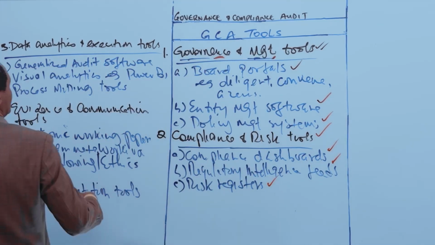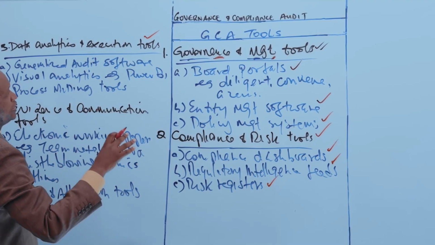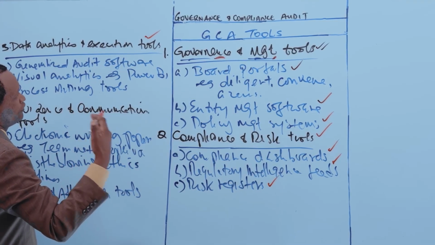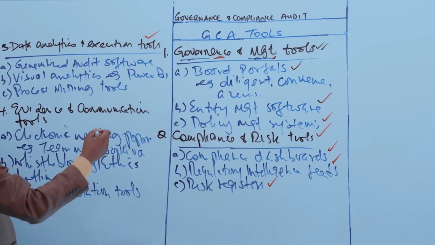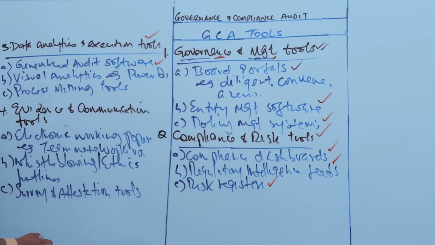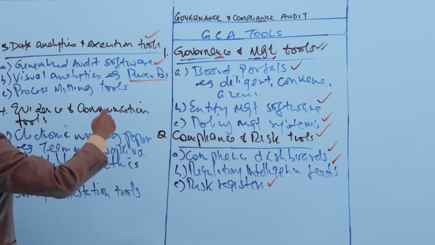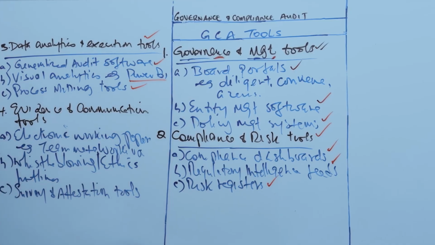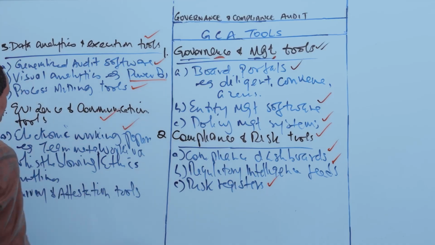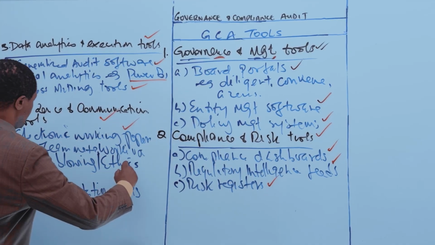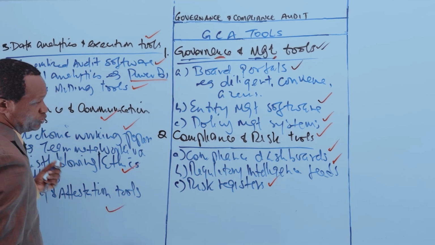Number three, data analytics and execution tools. These are tools that the auditors use when they get to the execution phase, the field work, like generalized audit software, visual analytics such as Power BI, and process mining tools. Then lastly, we've analyzed the evidence and communication tools such as electronic working papers and whistleblowing hotlines. Then there are the survey and attestation tools.